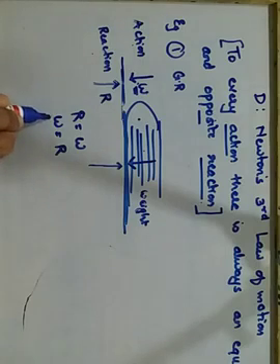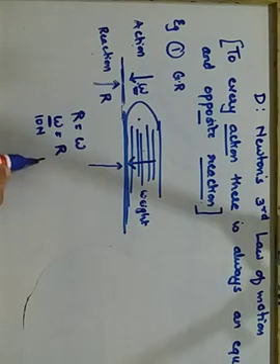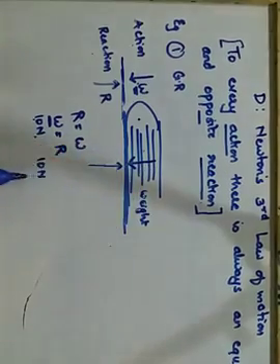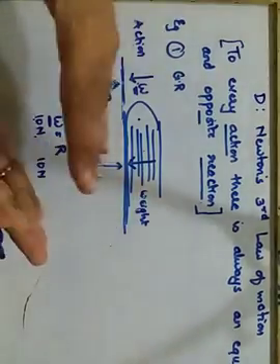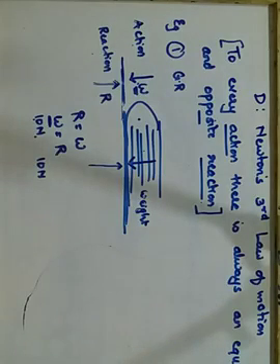Suppose the downward force is 10 newtons, then 10 newtons of force is acting in the upward direction. That is why they balance each other.